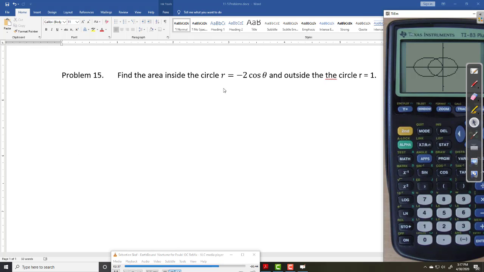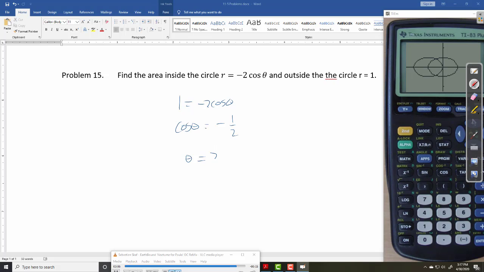When 1 equals negative 2 cosine theta, so cosine theta equals negative 1/2. That's at basically these two quadrants.